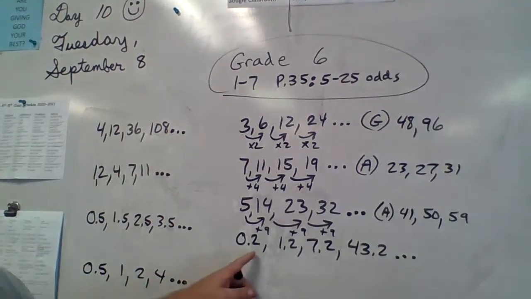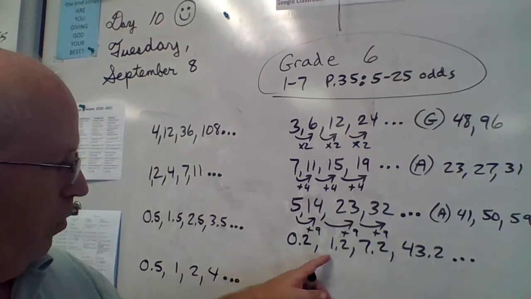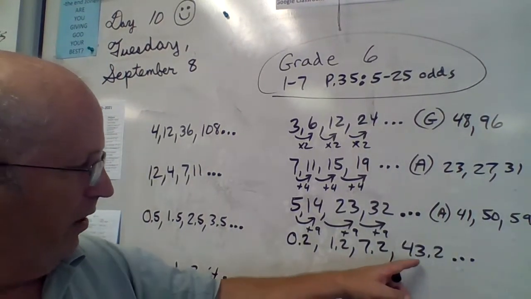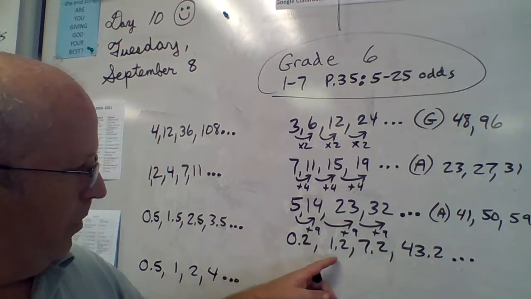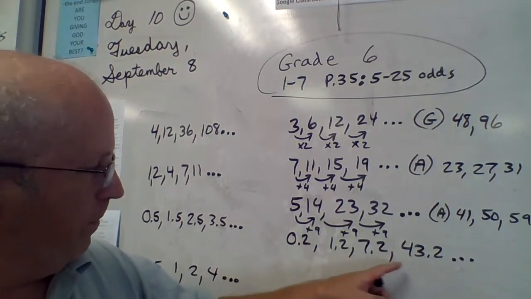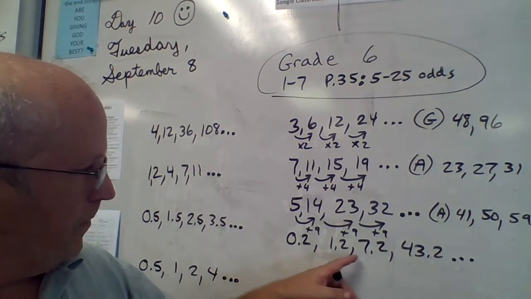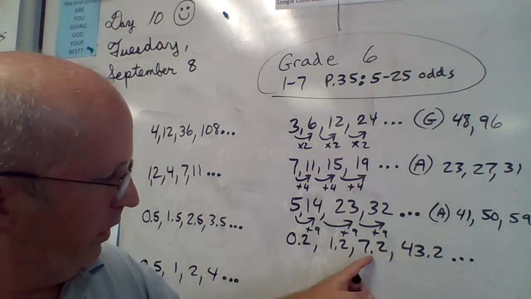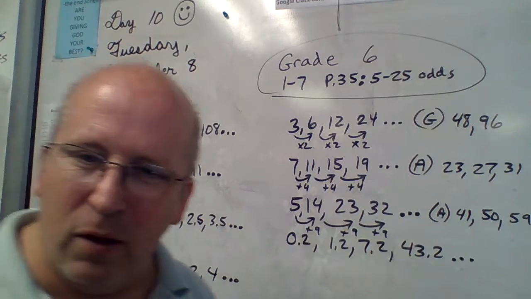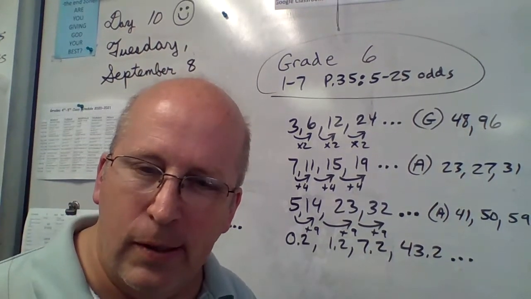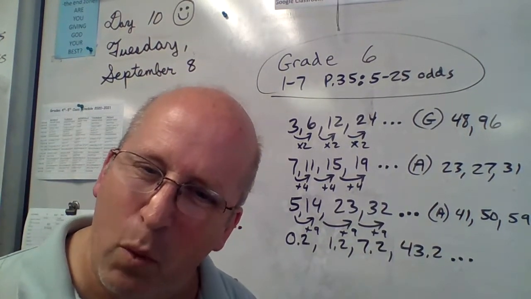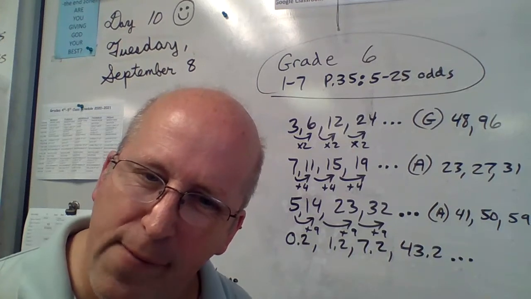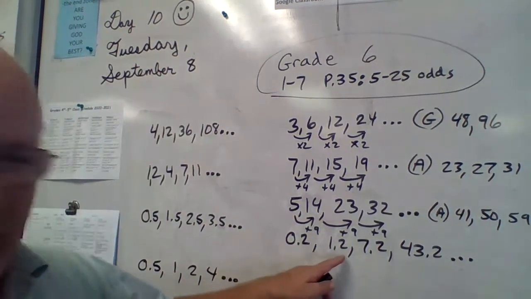Okay, let's look at this one right here. What's going on here? Kind of hard to see, but there is definitely a pattern here. Notice 7 and 43. Does that ring a bell in your math facts? Maybe it's a 6. Maybe we're multiplying by 6 here, because it doesn't seem like it's an adding pattern.